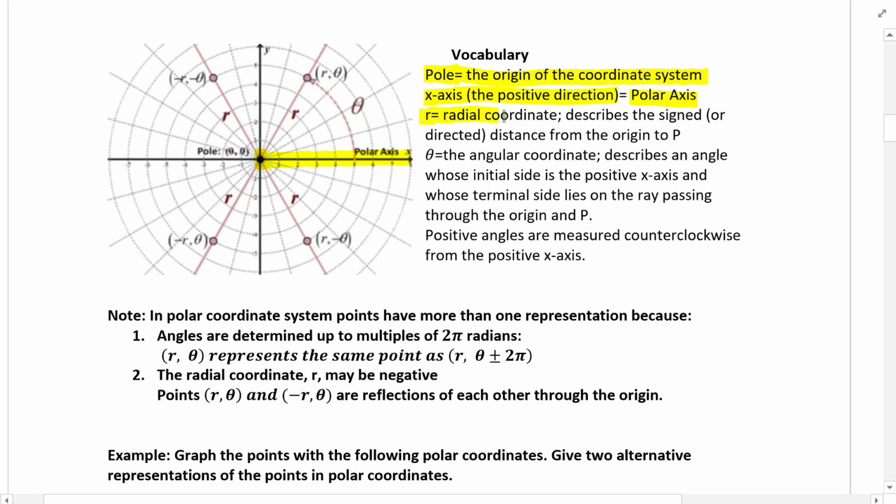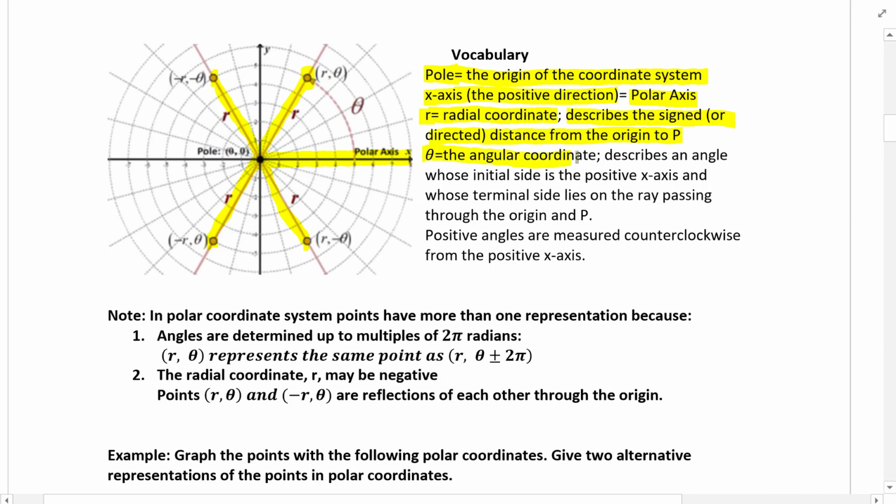R is the radial coordinate. So R, this, or this, or this, or this, describes the signed or directed distance from the origin to P. So if this is point P, as you can see, it's signed, so it can be negative or it can be positive.